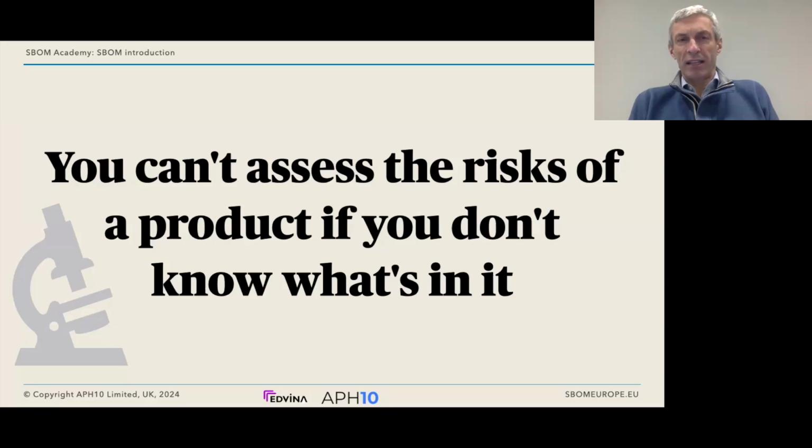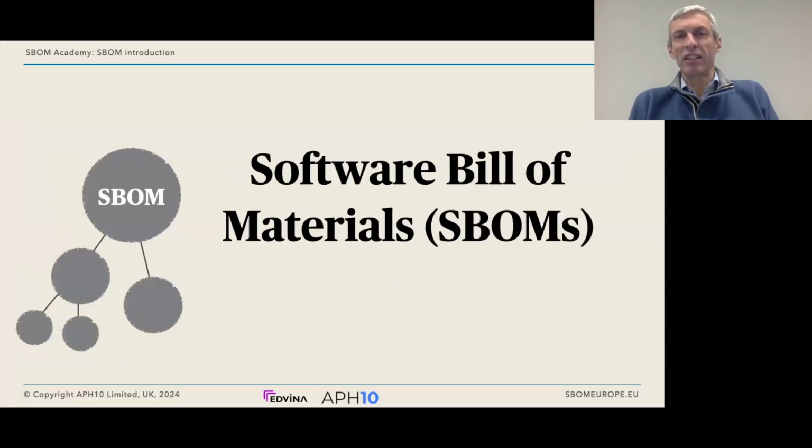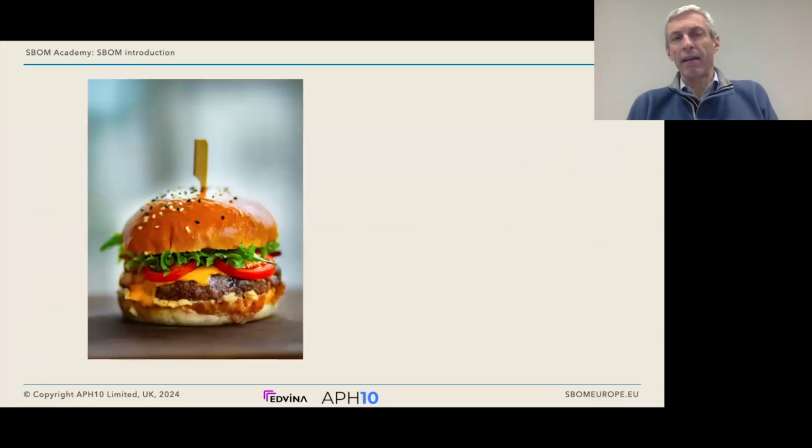And the best way of understanding a software bill of materials is to consider an analogy. Whenever you go to a restaurant, the first thing they often say is, do you have any allergies? That's part of their risk-based approach to say, well, if you did have allergies, they may have to be more careful in terms of the way they build their burger.